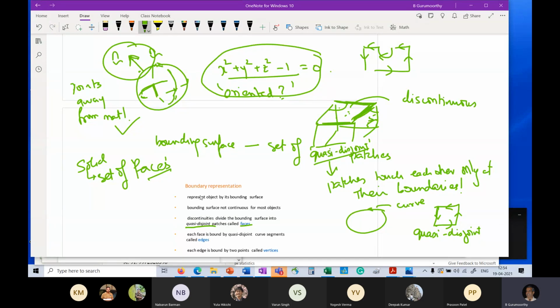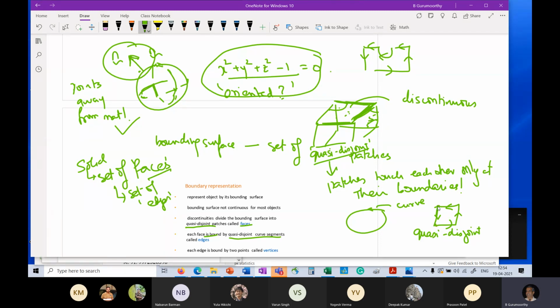And therefore, my set of faces in turn is represented by a set of what we call edges. And edges are nothing but quasi-disjoint curve segments which bound a face. Again, quasi-disjoint, why? Because they touch each other only at their boundary.